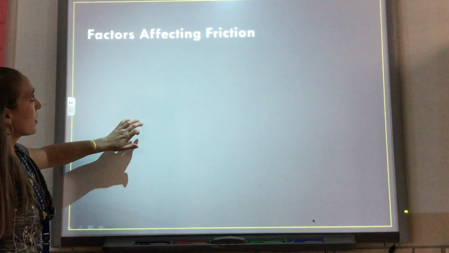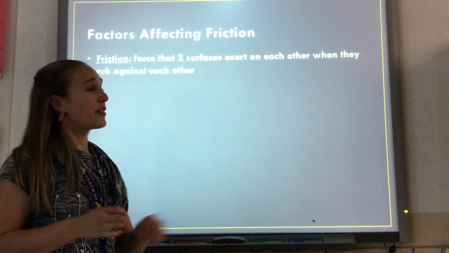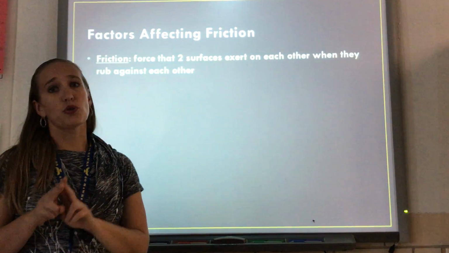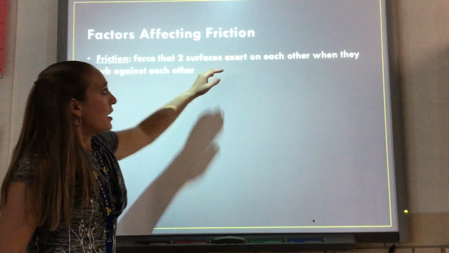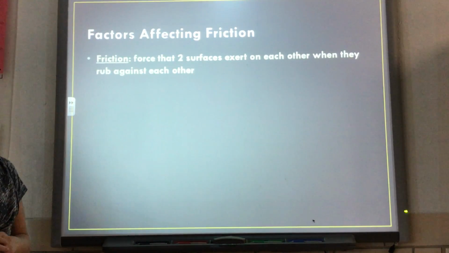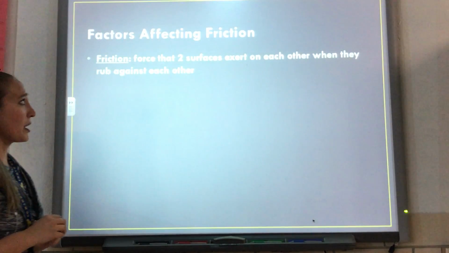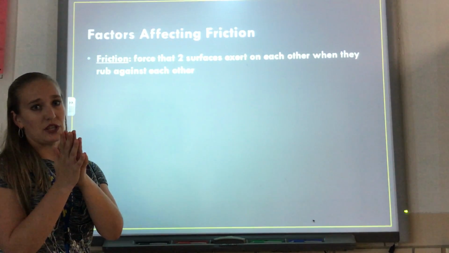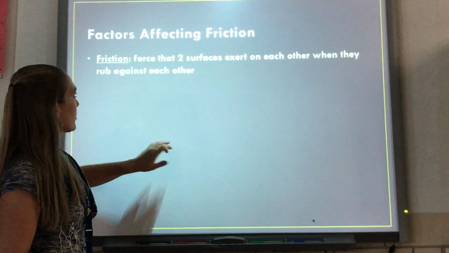Okay. To start out, friction is a force that affects 2 surfaces. They're rubbing together. There can be 4 different types of friction that we'll get into here in just a minute. But we have two surfaces coming into contact with each other.